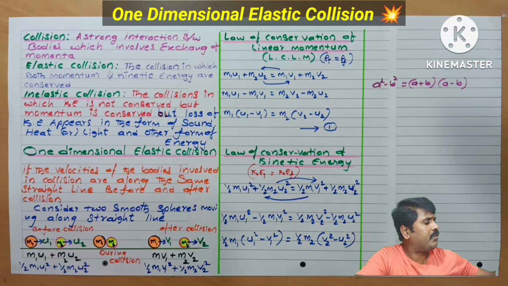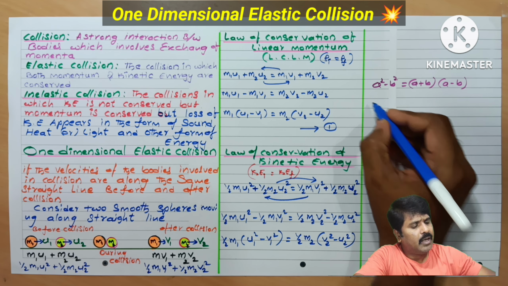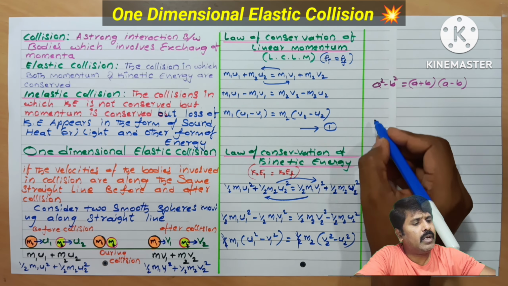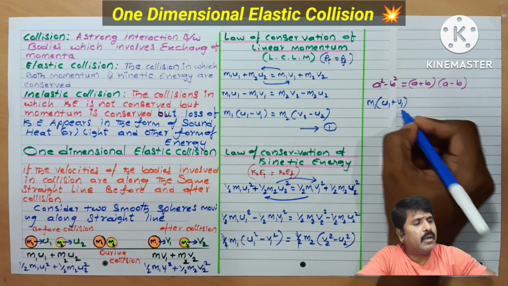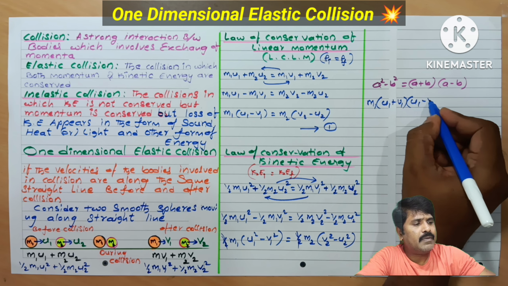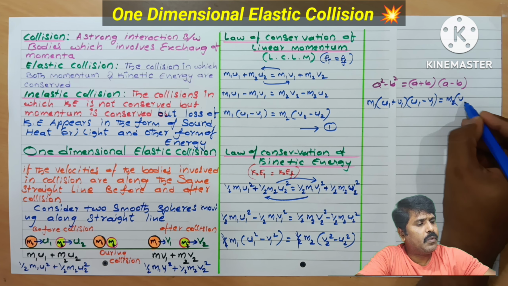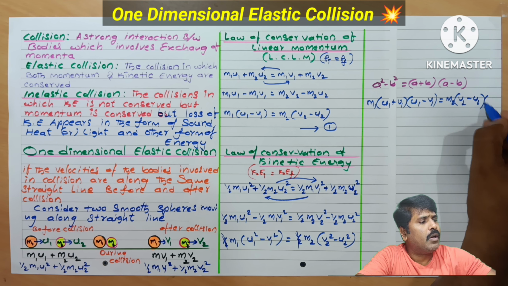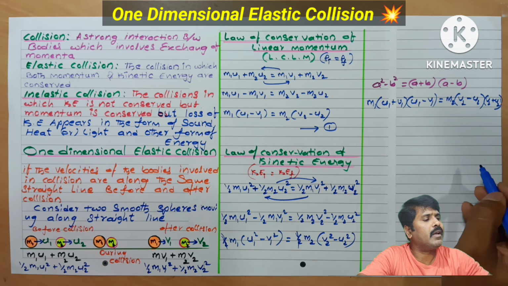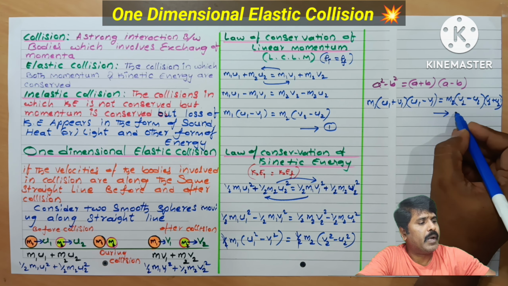Applying this formula here, the half gets cancelled, so m1 into u1 plus v1 into u1 minus v1 is equal to m2 into v2 minus u2 into v2 plus u2. I can write this as equation number 2.